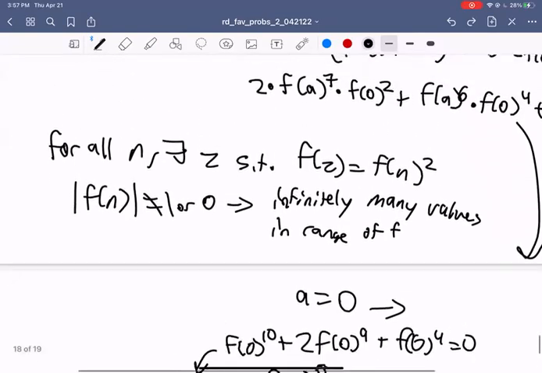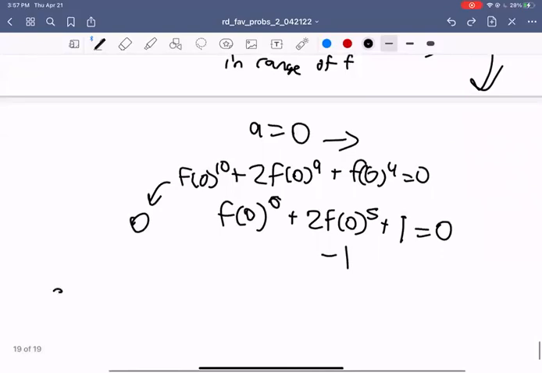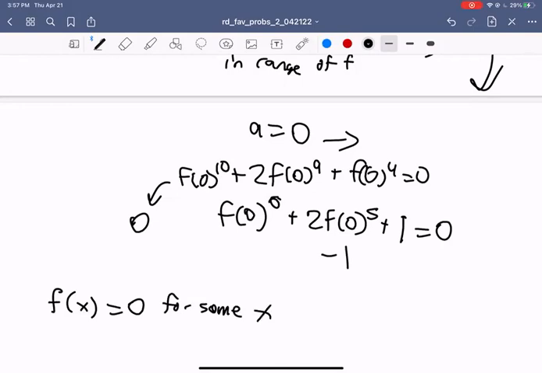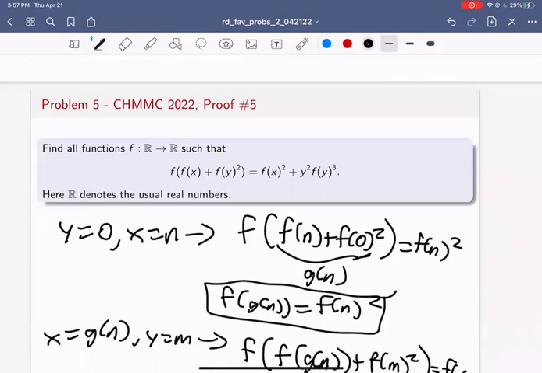And from here, we can consider what happens if f(x) is equal to 0 for some x. Then we can return to the problem statement. It says that f(x) plus f(y)^2 is equal to f(x)^2 plus y^2 f(y)^3. This seems to be the more annoying term, so we can substitute x into that.